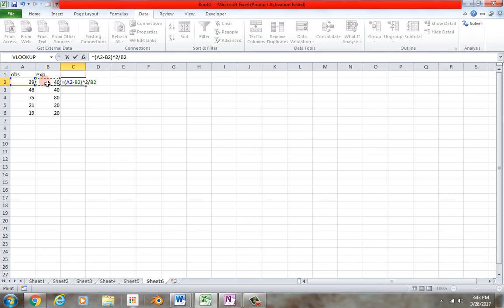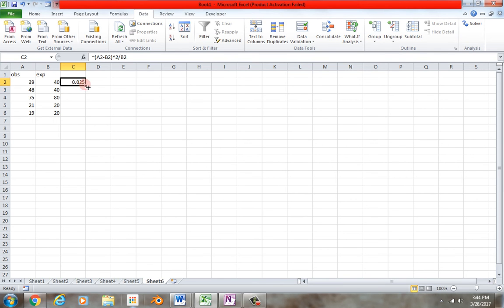Ta-da! Now, you'll notice that this time I put the observed values in column A. I could just as easily put them in column B. So just make sure who you're subtracting from whom and who you're dividing by. And make sure you're doing observed minus expected squared divided by expected.